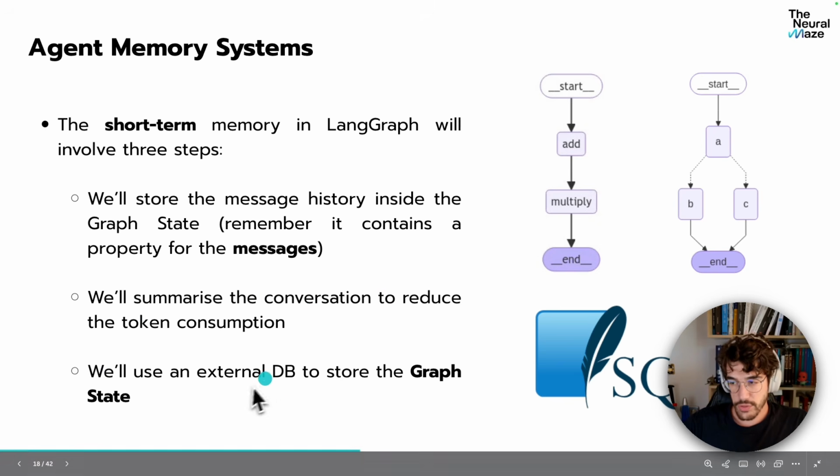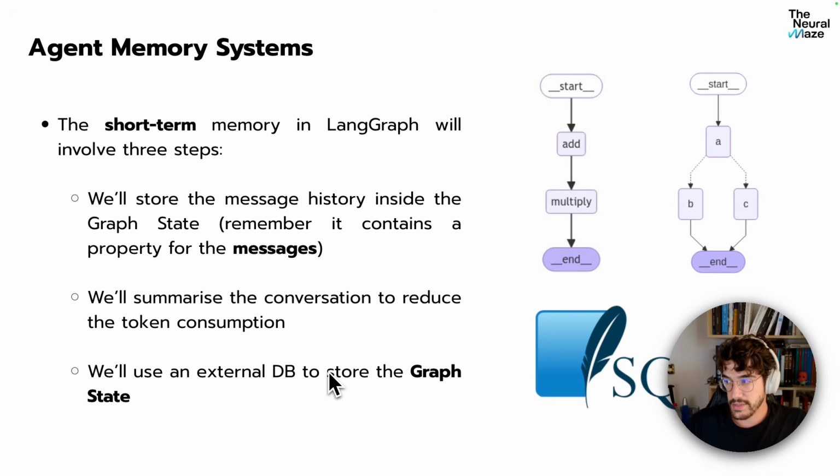And finally, we will use an external database to store the graph state, because this short-term memory could also be stored in the computer memory. The problem is that whenever we restart the session, whenever we close the session, all of this memory will be erased. And that's a problem if you want some stateful agent to keep track of the conversation with the user, right?